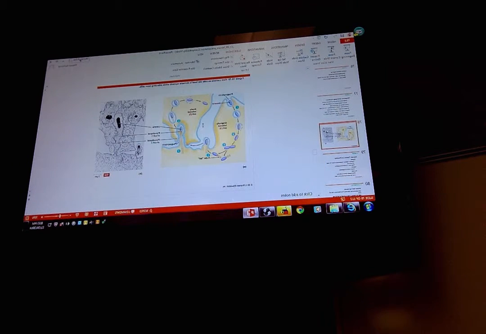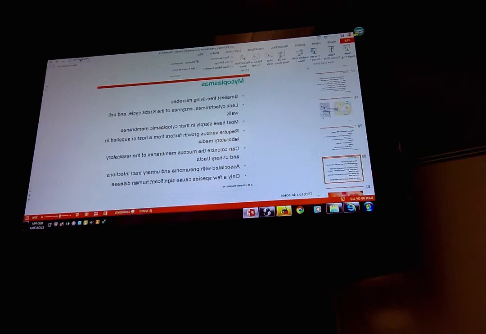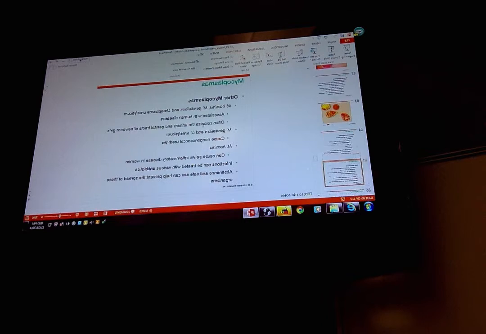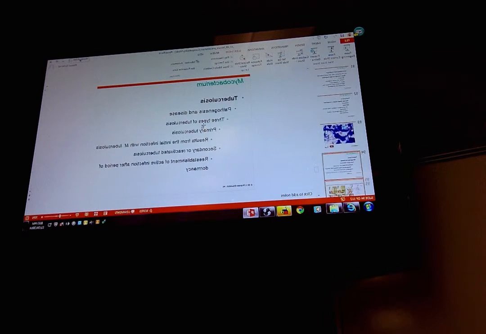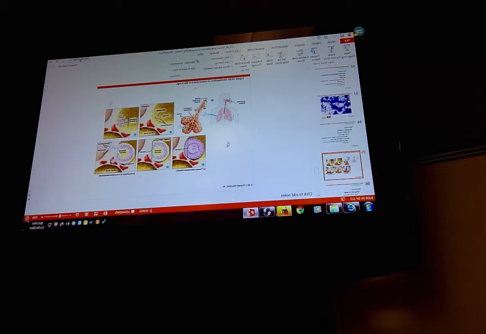Listeria is very cool, but I'm going to move to M. tuberculosis. So this little guy right here. Steps 1, 2, 3, 4, 5. That's it.